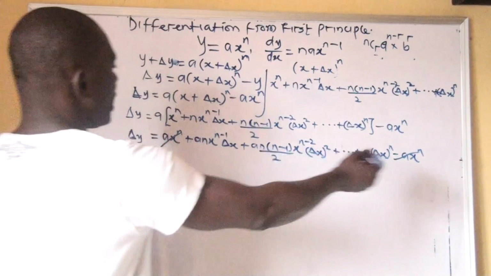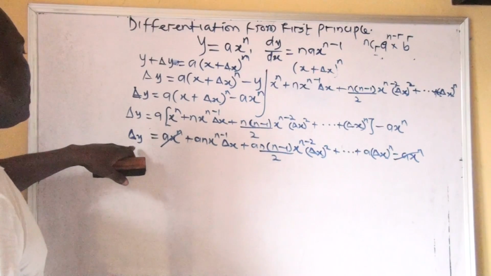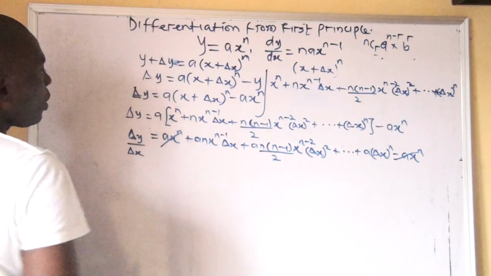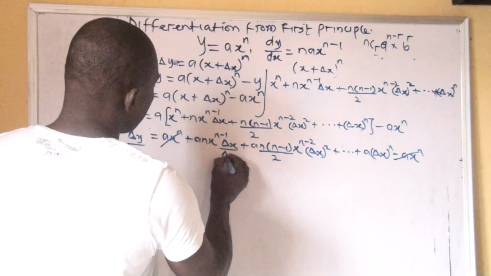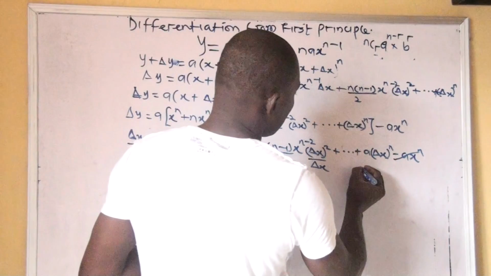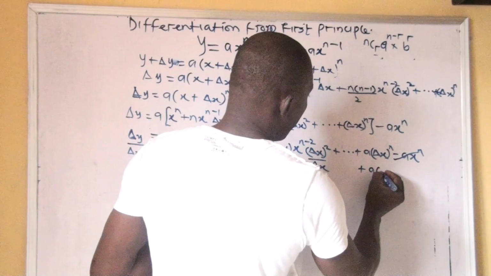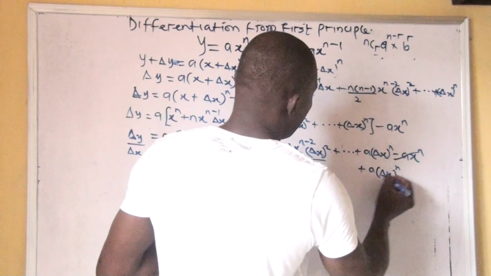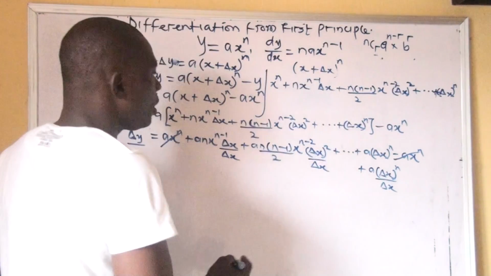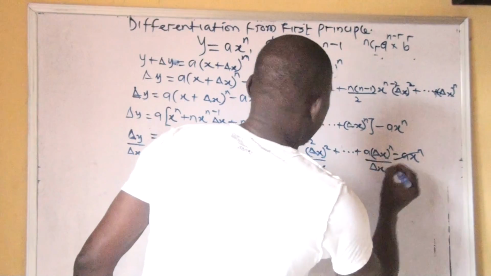So we'll be left with the other terms, and the quantity we are trying to look for is delta y over delta x. So we divide through by delta x. If we do that, here we have a divide by delta x, dots, till here we have a, open bracket delta x raised to power n, divide by delta x.